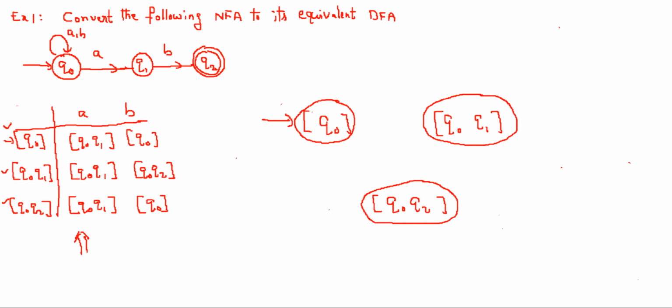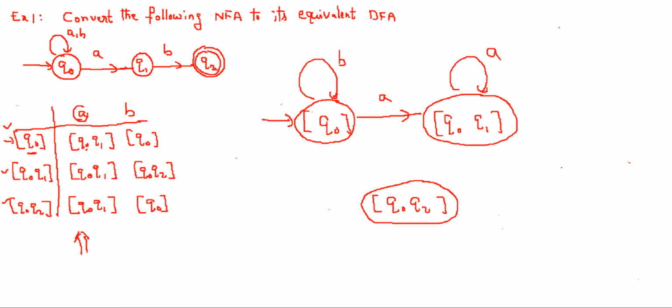Now you see what happens if you apply A on Q0, you are going to Q0 Q1. Now after applying B on Q0, where are you going? You are going to Q0 only. Next, what happens if you apply A on Q0 Q1?